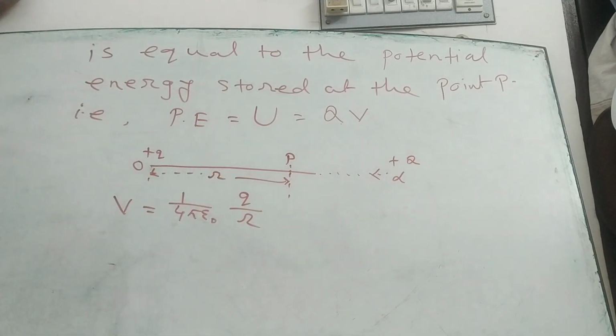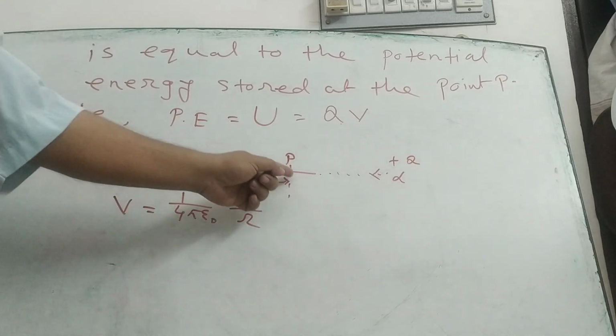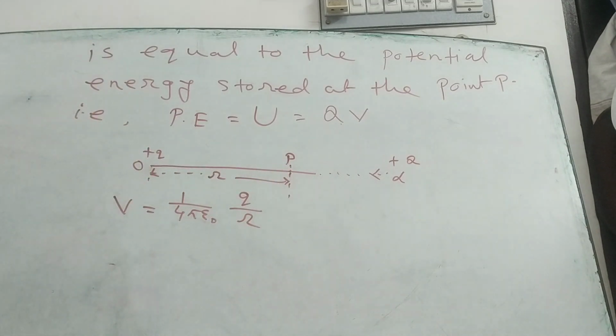This is the electric potential produced at the point P due to the point charge plus Q.